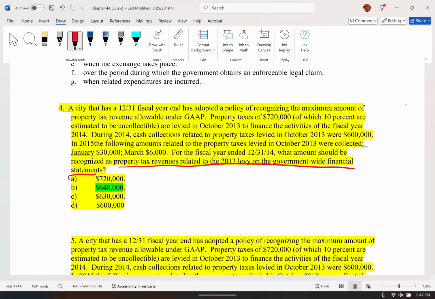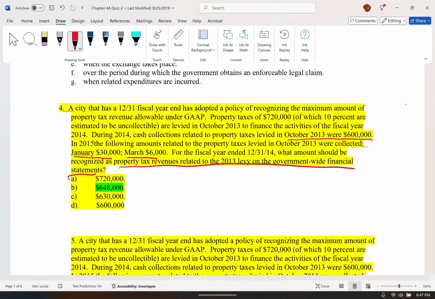During 2014, cash collections related to property taxes levied in October 2013 were 600,000. In 2015, January was 30,000 and March was 6,000. For fiscal year ended 12/31/14, what should we put in the government-wide?